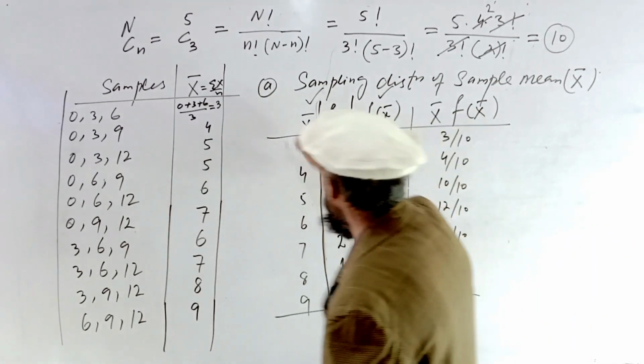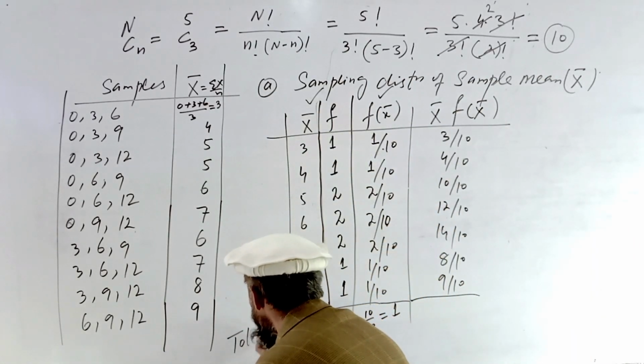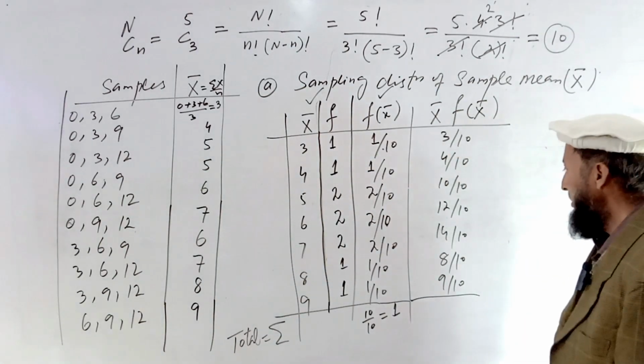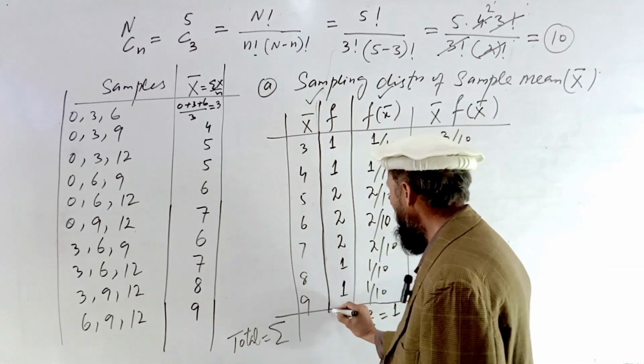Now the sum is required. Sum means total. Sigma stands for summation, and the frequency total must be 10.